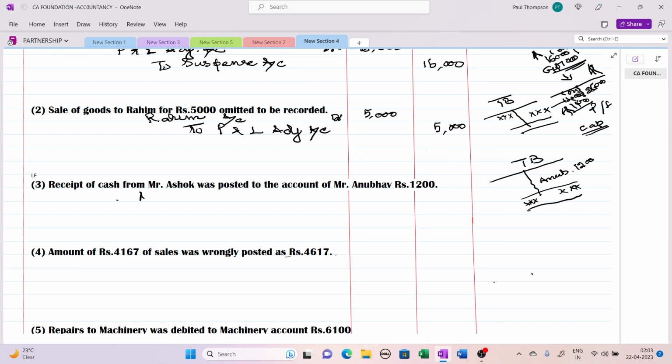So Anubhav account debited with 1,200 to Ashok account. You can write Mr. Ashok account.